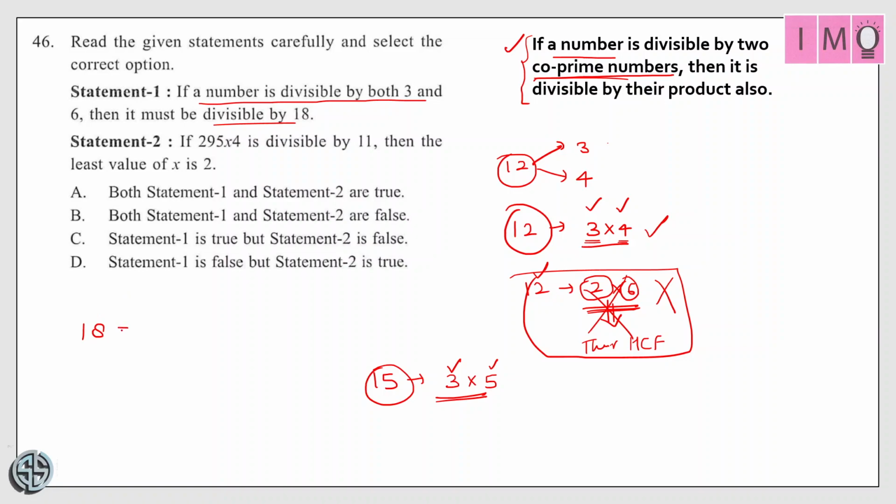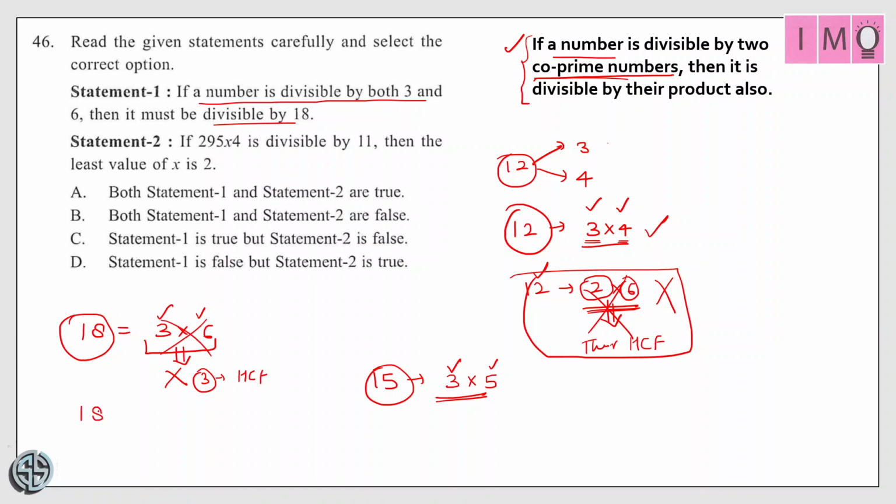We can write 18 as 3 into 6, but this is wrong. The divisibility rule of 18 will not be like that, because both numbers are not co-prime. The HCF of both numbers is 3. For co-prime, the HCF must be 1. So we cannot write like that.